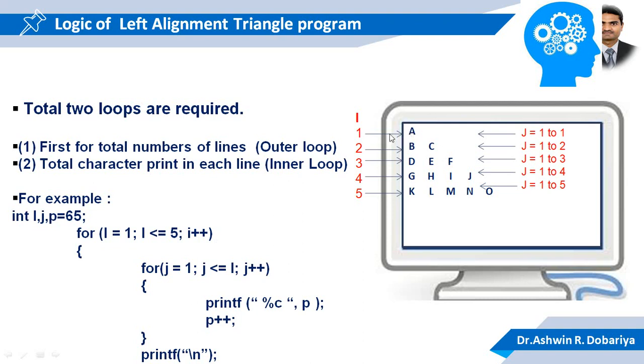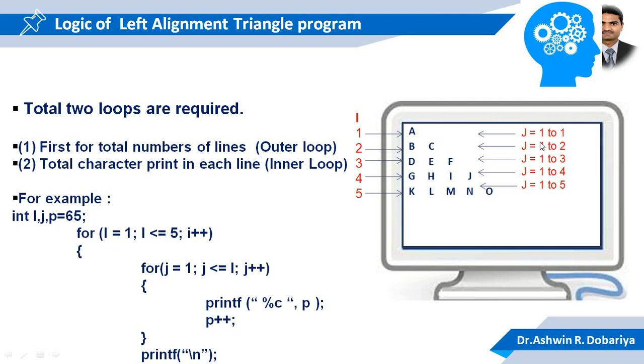And we know that the second, inner loop is responsible for displaying how many characters you want to print in each and every line. So in the first line we want to print only a single character. It means just start from 1 and end at 1. In the second line we want to execute the inner loop 2 times.